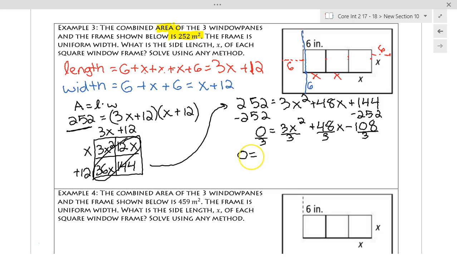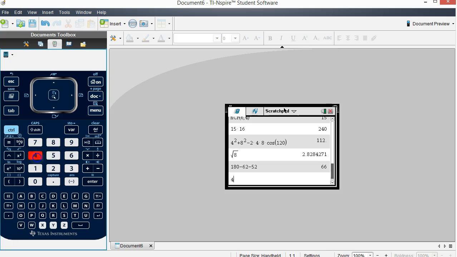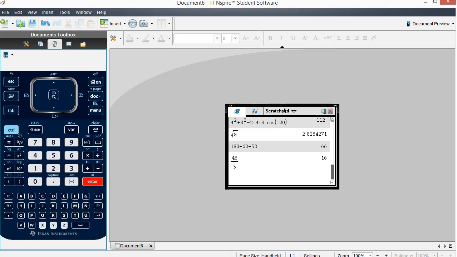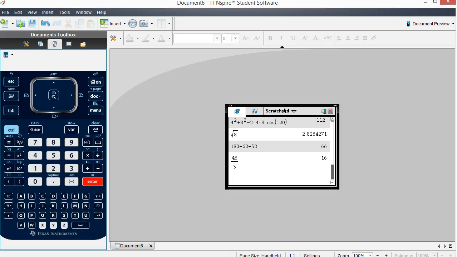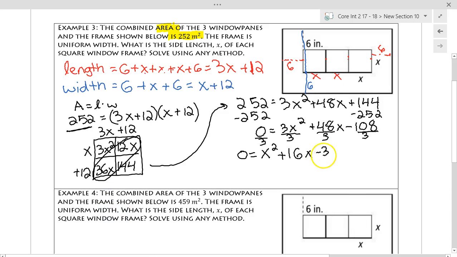So 0 equals 3x squared divided by 3 gives me x squared. 48 divided by 3 gives me 16. And negative 108 divided by 3 is negative 36. So yes, they are all divisible by 3.